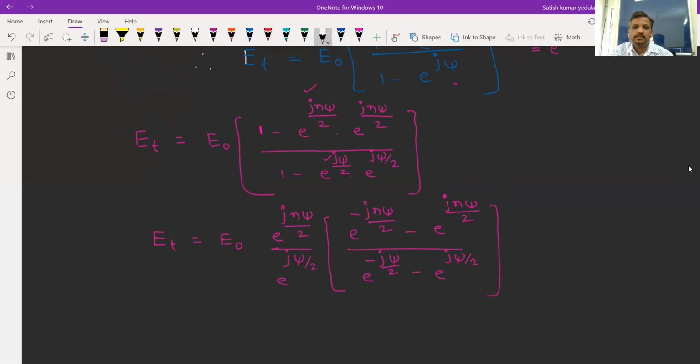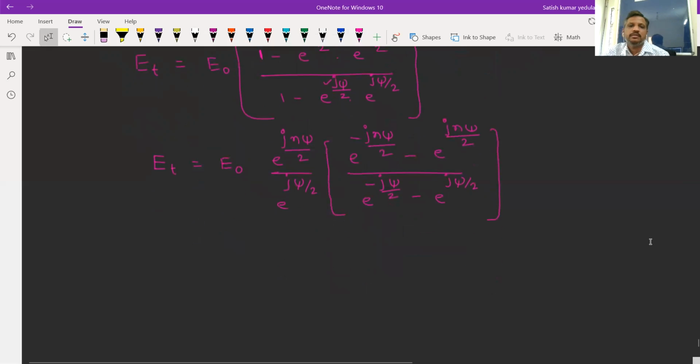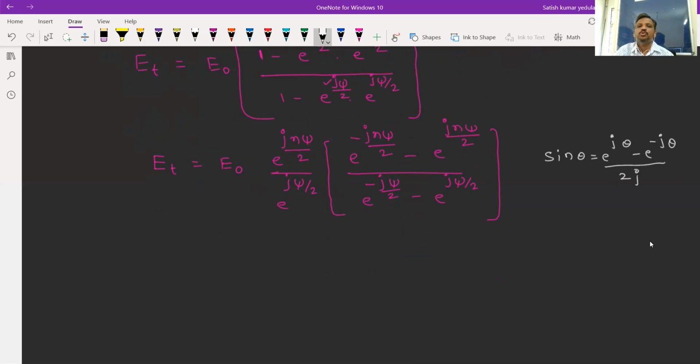Once you get this, you will write it in terms of sine. Sine theta is expressed as e power j theta minus e power minus j theta by 2j, but here there is no 2j. So arrange 2j and 2j for both numerator and denominator.